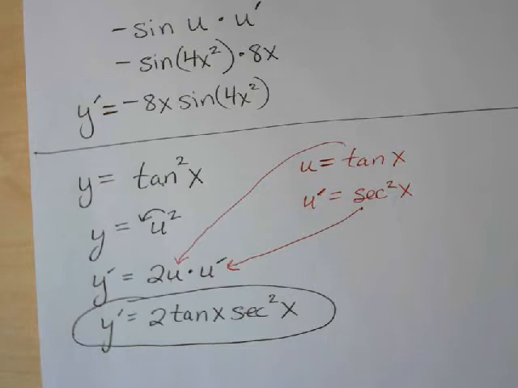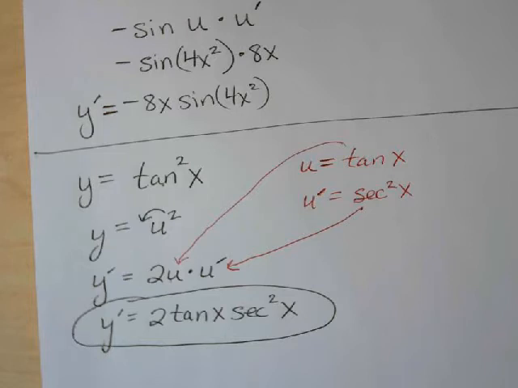The f of x part is just cosine of something, and the g of x part is 4x squared. So it's f of g of x, a composite function, how it's written.